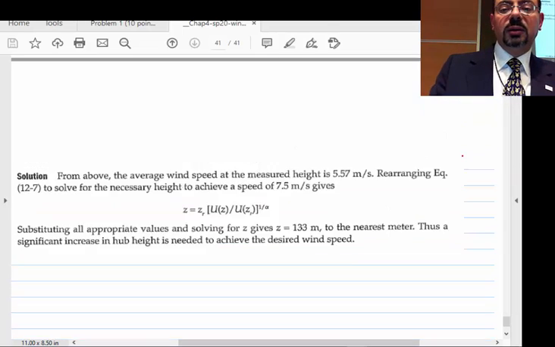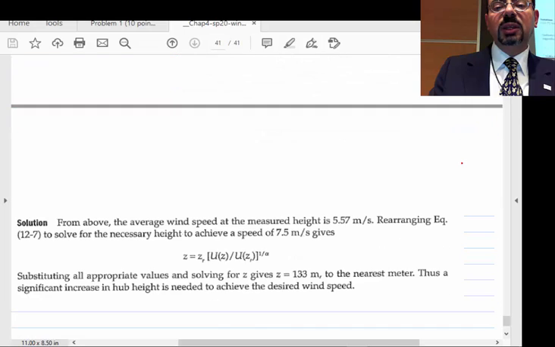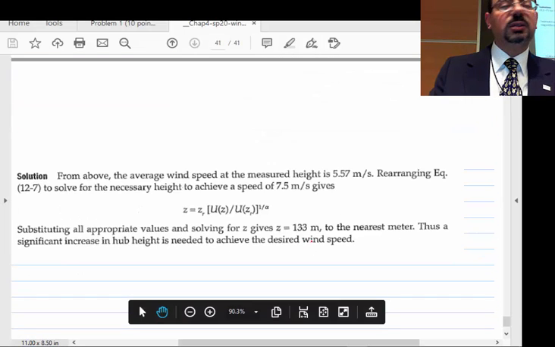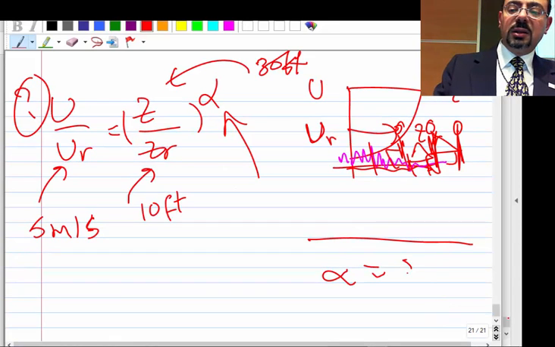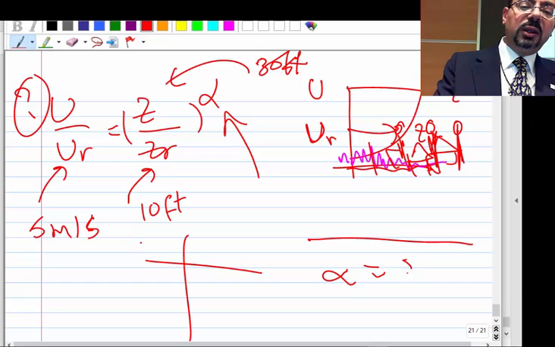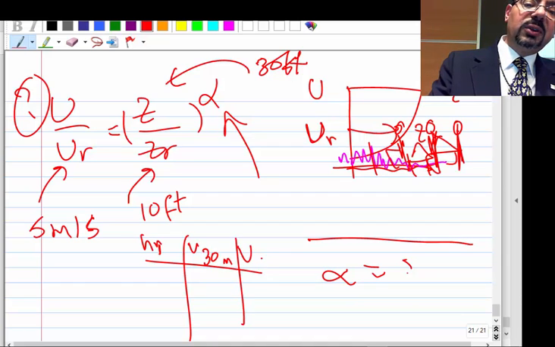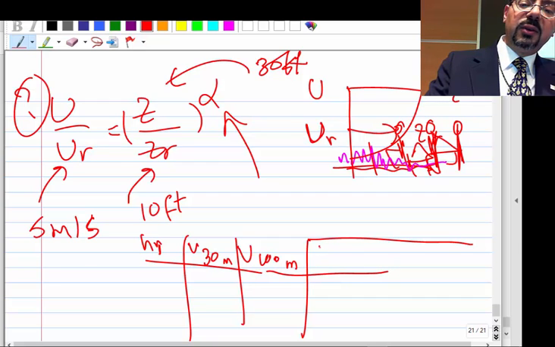So he ends up moving from 30 meter to 133 meter. Okay, from 30 meter to 133 meter. So how do you do this? Again, you write the hours over here, and here is the velocity at 30 meter, and this would be the velocity at 100 meter, and then the velocity at 200 meter, and the velocity at 300 meter.